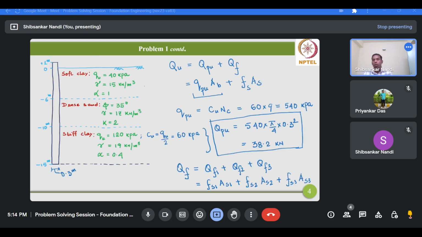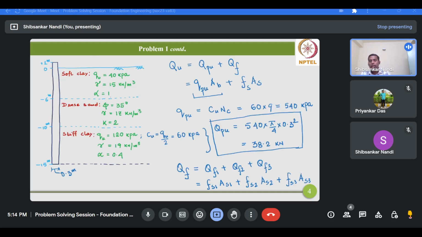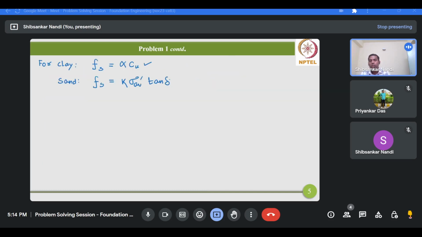Now for the first and third layer, we'll use the first formula, that is alpha times Cu, and for the second layer we'll use this expression, K times sigma v average and delta.